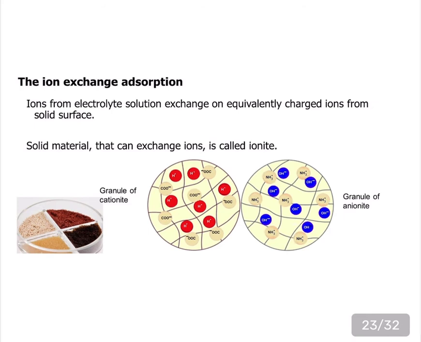Solid material that can exchange ions is called ionite.